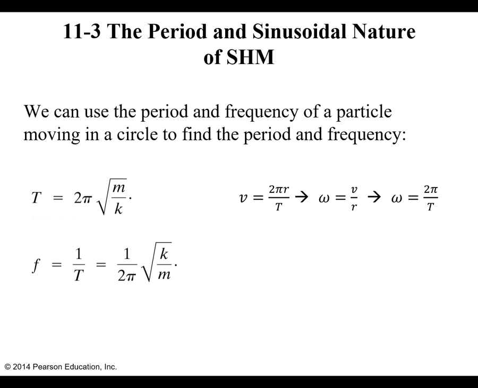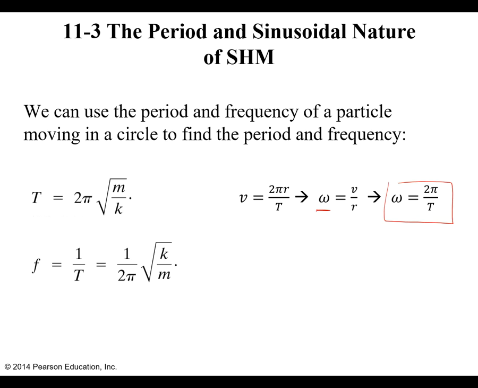Remember that velocity in uniform circular motion would be the distance over time, so one full cycle would be 2 pi r, the circumference, divided by the time, which is your period. But also remember that your angular velocity, or in this case angular frequency, is just velocity divided by the radius r. That gives us that the angular frequency is 2 pi divided by the period.